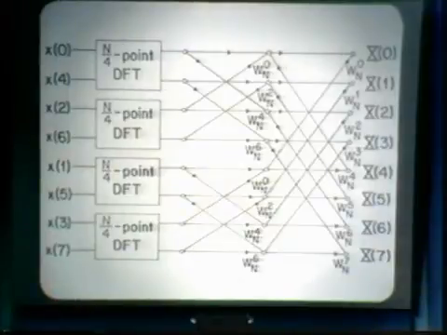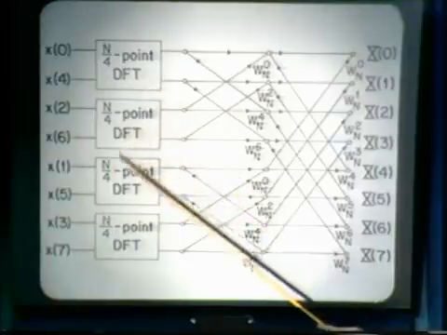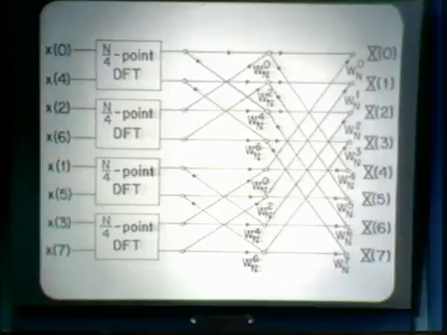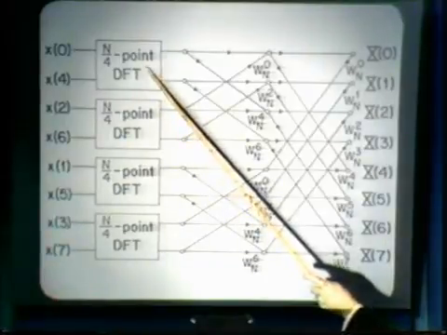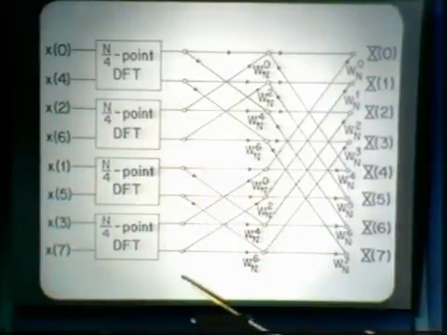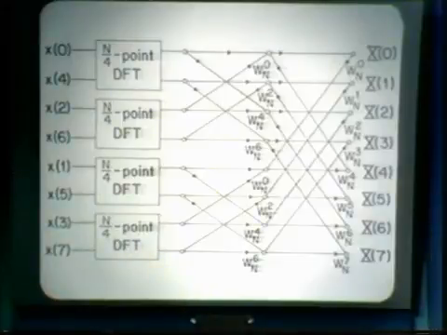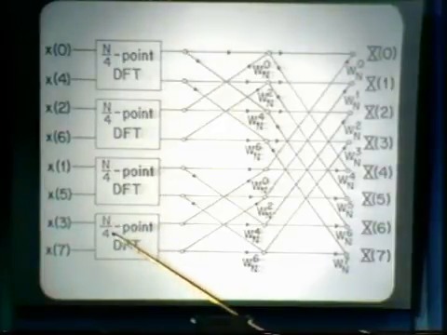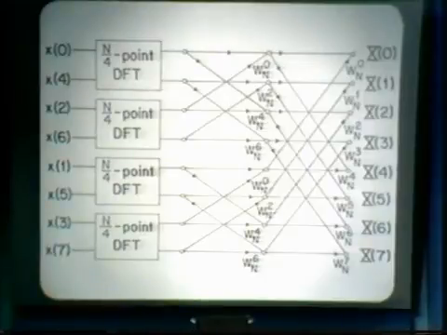with the n/4 point DFTs, except that for this particular example, if n is equal to 8, n/4 is equal to 2. The computation of the 2-point DFTs is relatively straightforward, but in general, if n was a more general power of 2, we could likewise apply this strategy to the computation of the n/4 point DFTs, the n/8 point DFTs, n/16 point DFTs, etc., until we got to the computation of 2-point DFTs.